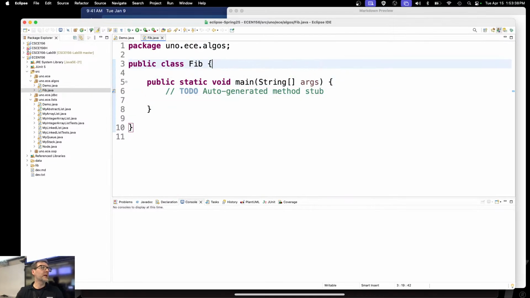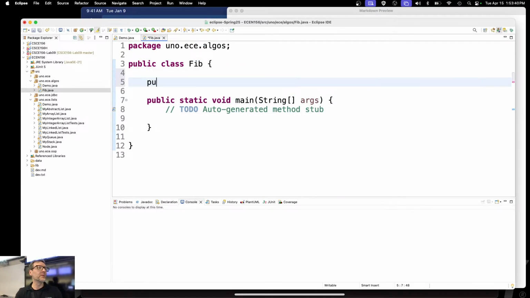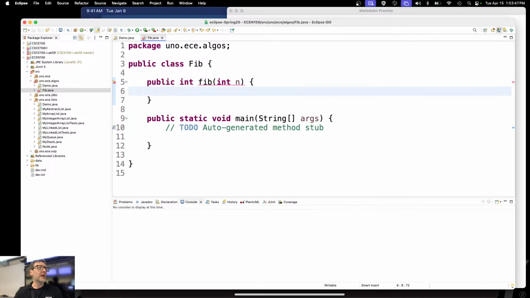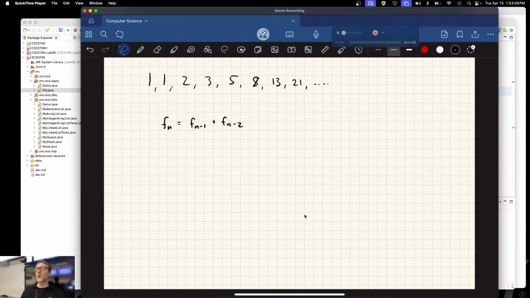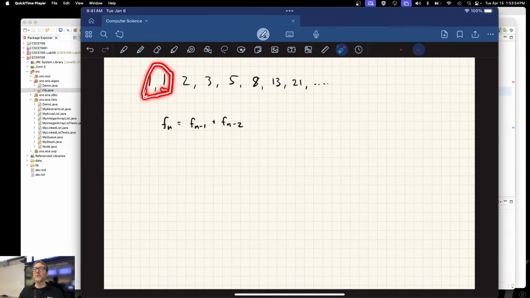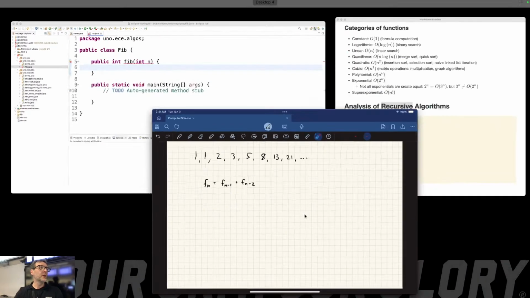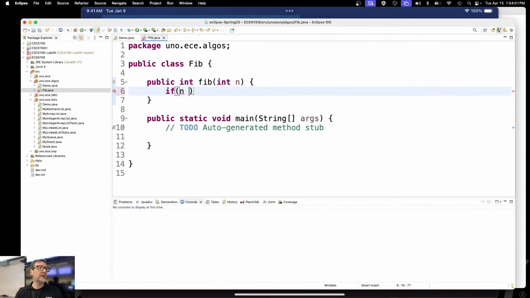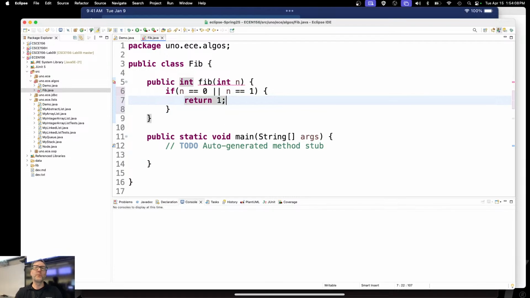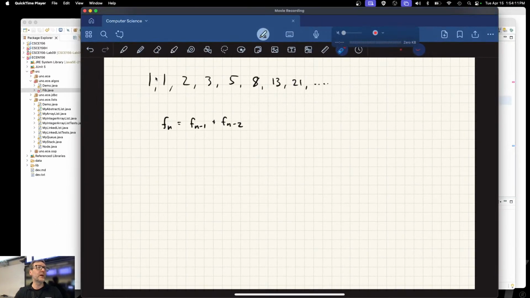All right, so let's create a function to compute the Fibonacci number. Public int fib, and we'll take int n here. Now, when you write recursive code, you look at the base case. You need two starting points here, because this is in terms of two previous values. So if n is equal to 0, or if n is equal to 1, then we return 1, because those first two values are 1 and 1.